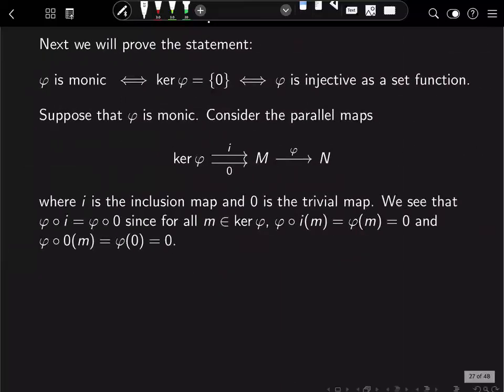From these parallel maps, we want to show that by the monomorphism property.